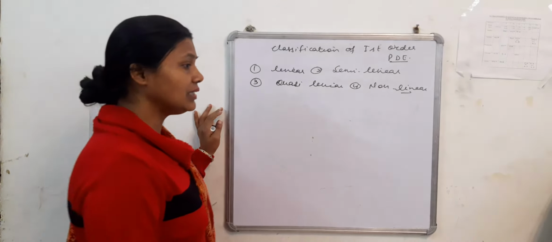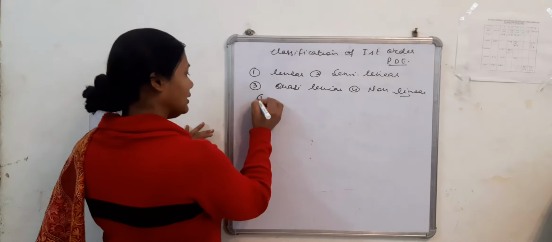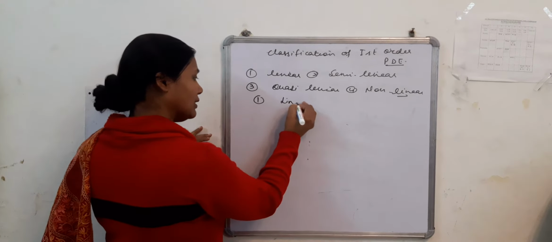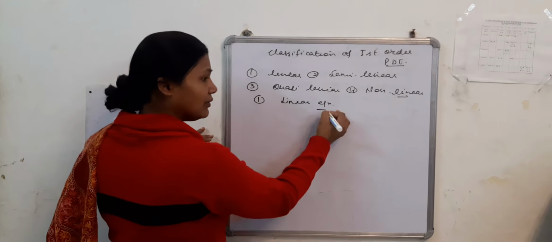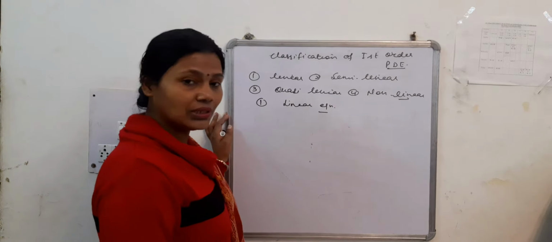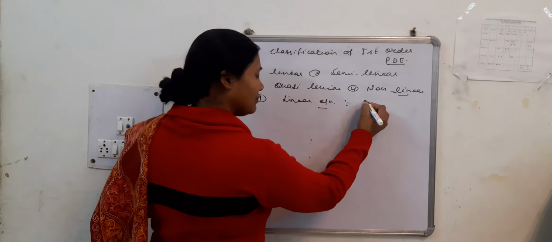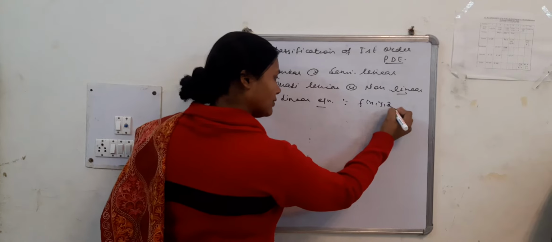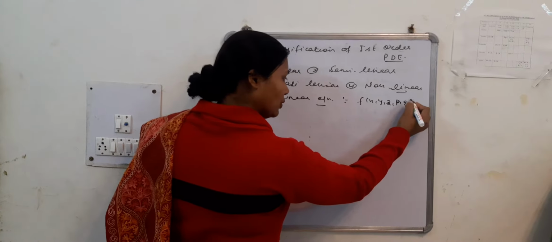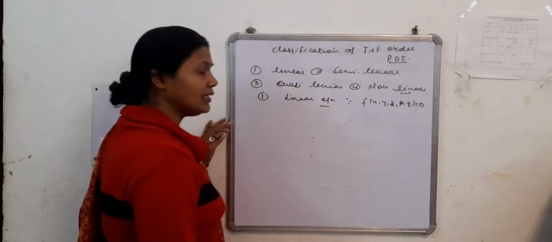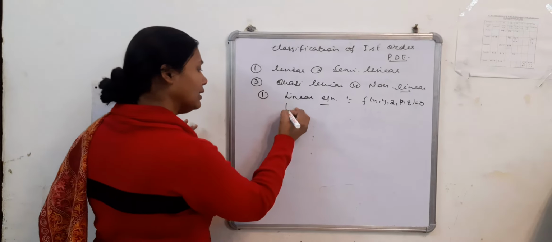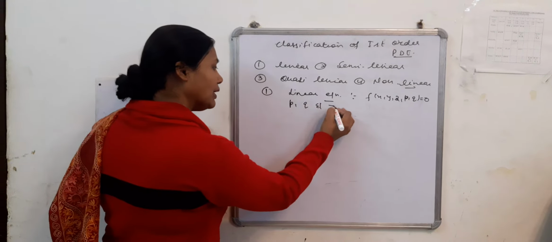So what is a linear partial differential equation? A first order partial differential equation of the form f(x,y,z,p,q) = 0 is said to be linear if it is linear in p, q and z.